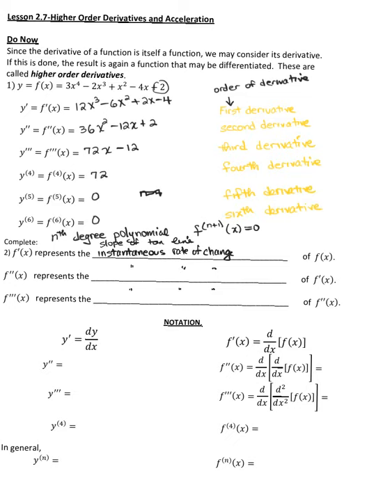All right, now let's look at notation. So if we call our function y equals f of x, one popular way to represent successive derivatives or higher order derivatives is with the little tick marks, or after the third derivative, we put the number, the order, in parentheses. But another way to write this is in slope form.